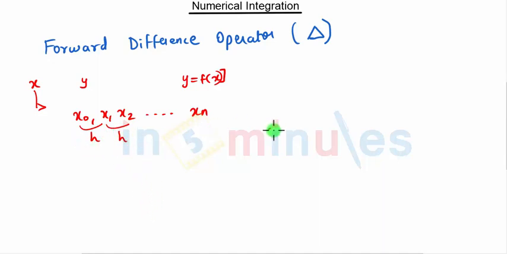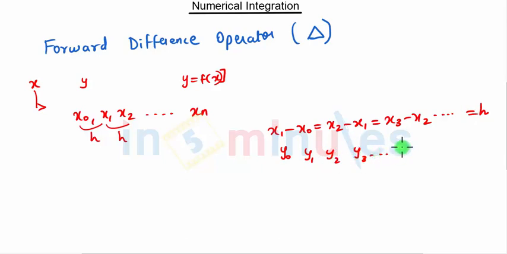So that is x1 minus x0 will be equal to x2 minus x1 will be equal to x3 minus x2 and so on, and this whole value will be equal to h. And y0, y1, y2, y3 up to yn be the corresponding values of y.